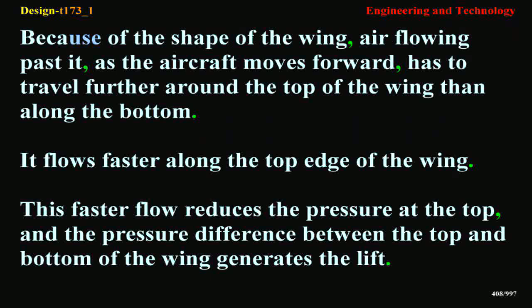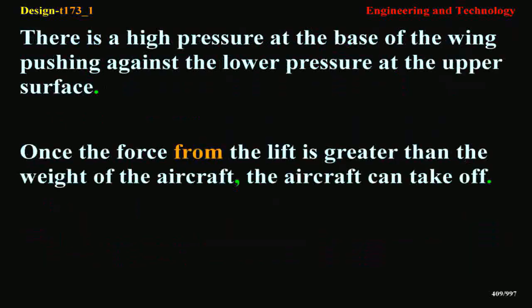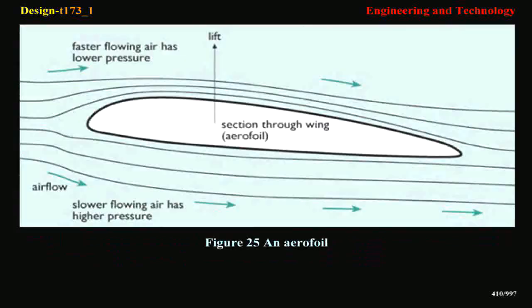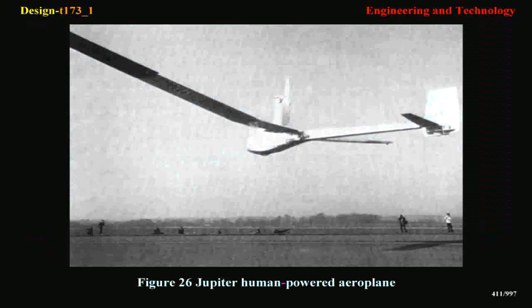This faster flow reduces the pressure at the top, and the pressure difference between the top and bottom of the wing generates the lift. There is a high pressure at the base of the wing pushing against the lower pressure at the upper surface. Once the force from the lift is greater than the weight, the aircraft can take off. Figure 25. An airfoil. Figure 26. Jupiter human-powered airplane.